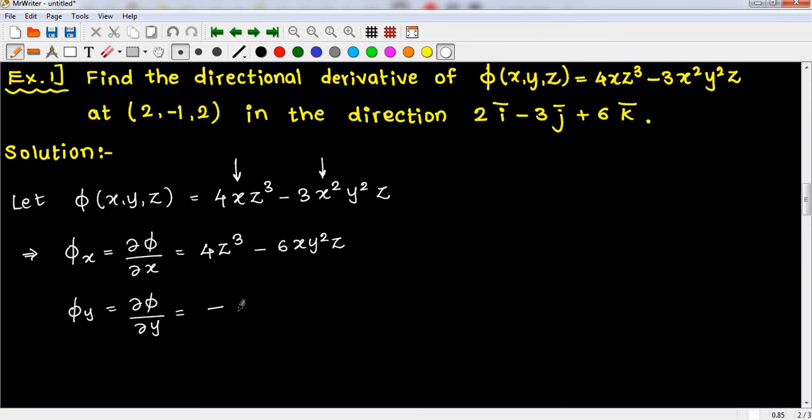So, this will be minus 6 times x square y z, and the partial derivative of phi with respect to z is equal to 12 times x z square minus 3 times x square y square.